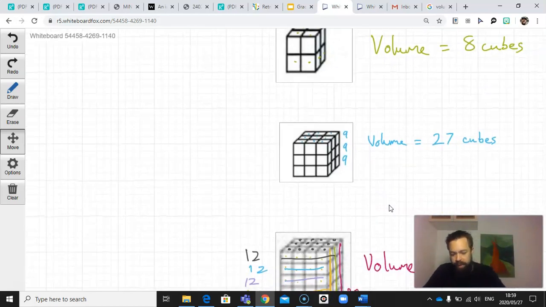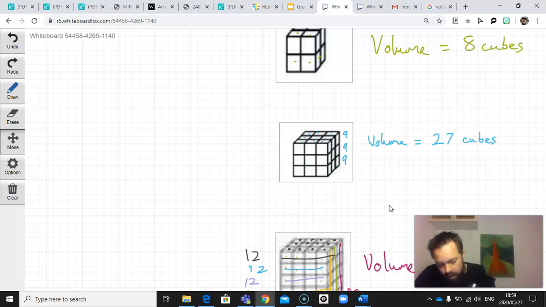Right, I'm going to go back and have a look at this one over here. All right, when we worked out area, when we were using a formula and we didn't want to have to count all these little squares, what we did, I'm actually going to use a ruler to do that.